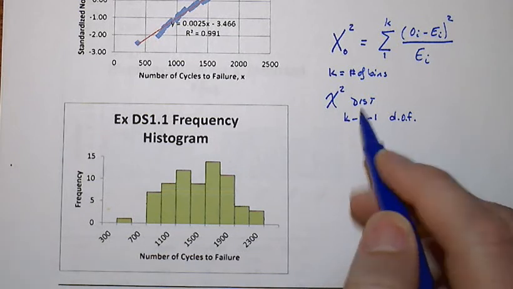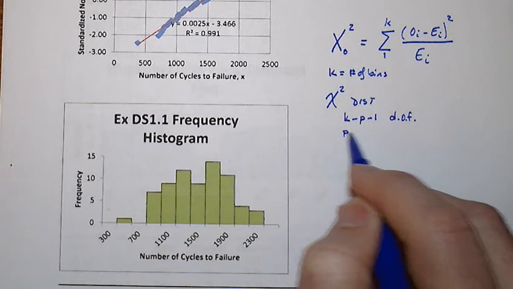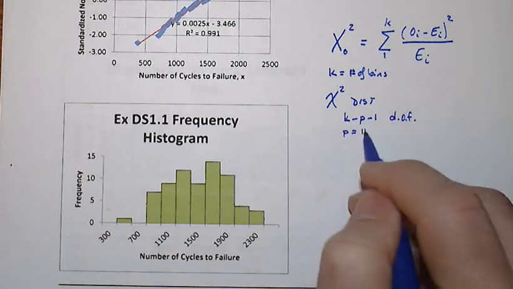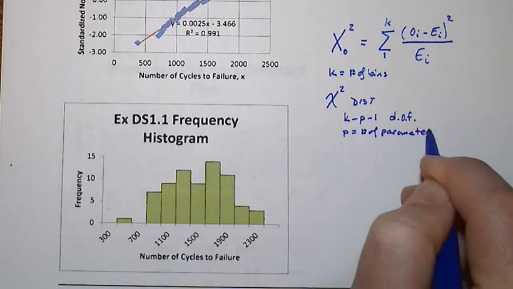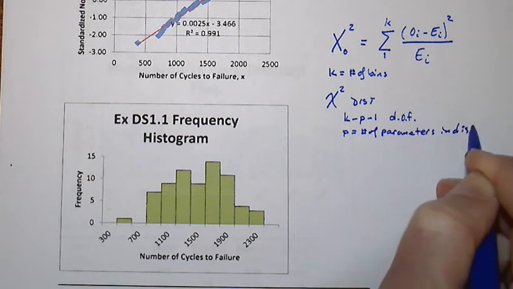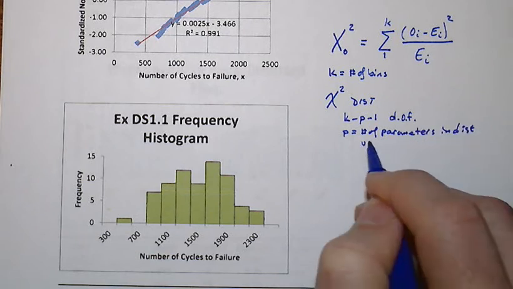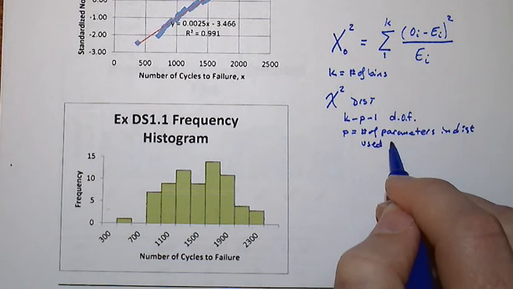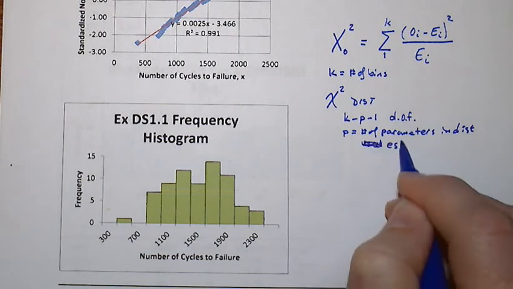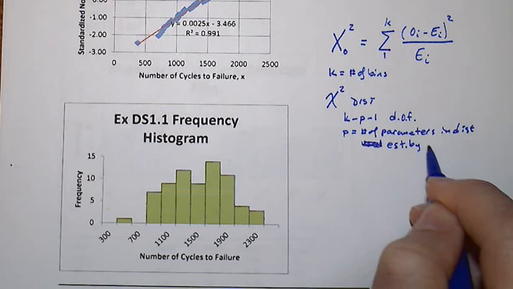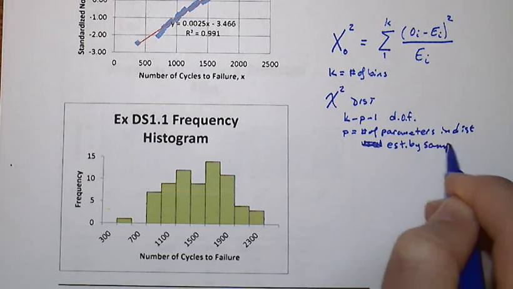P is the number of parameters in the distribution used, or I should say estimated, by sample statistics.